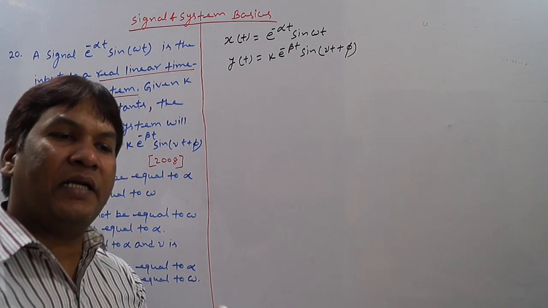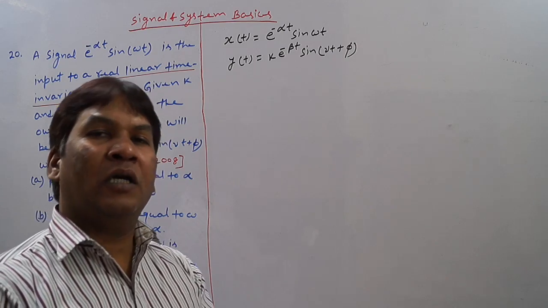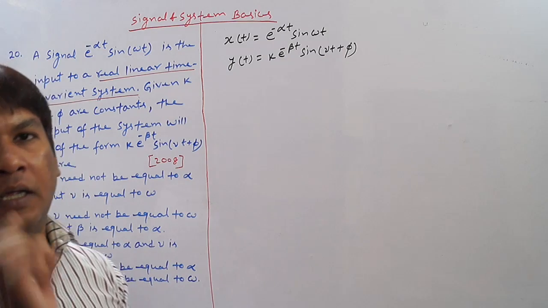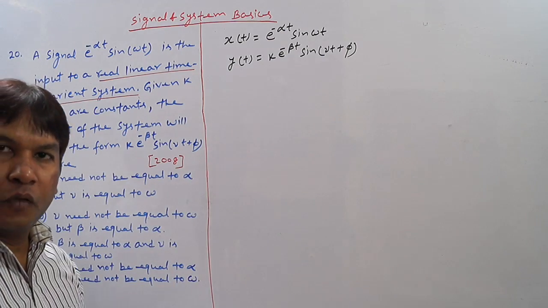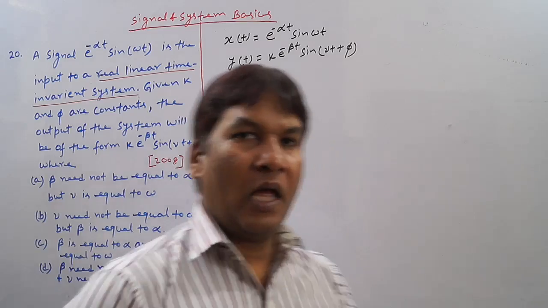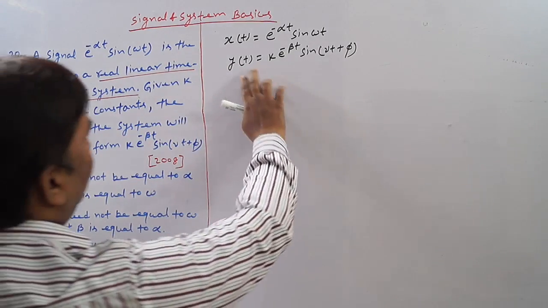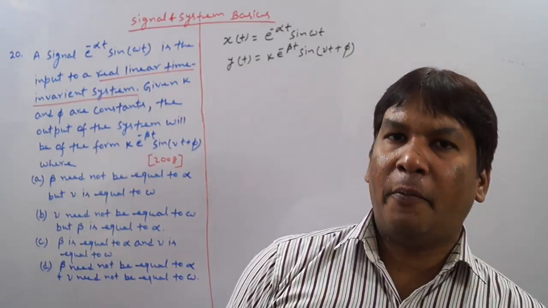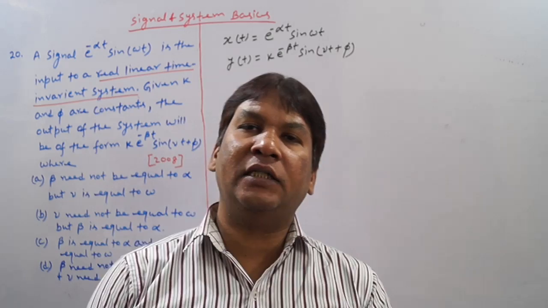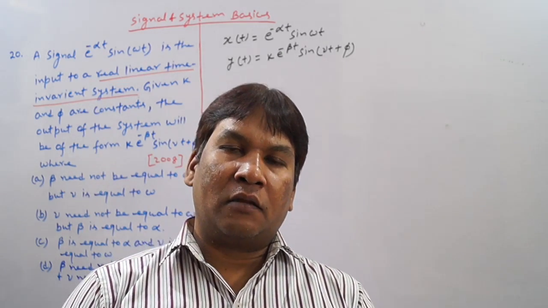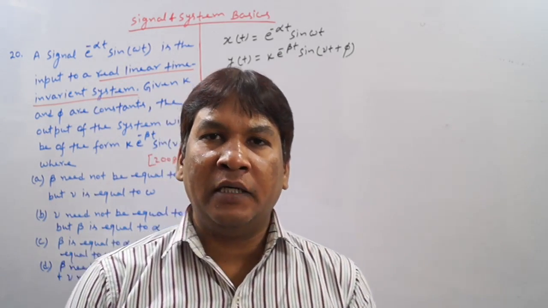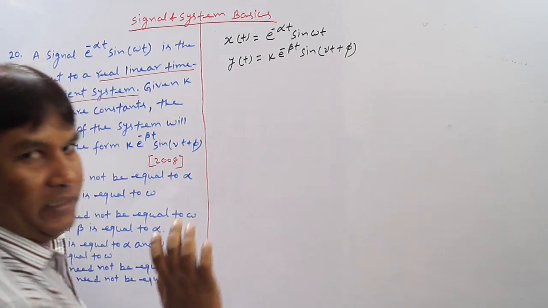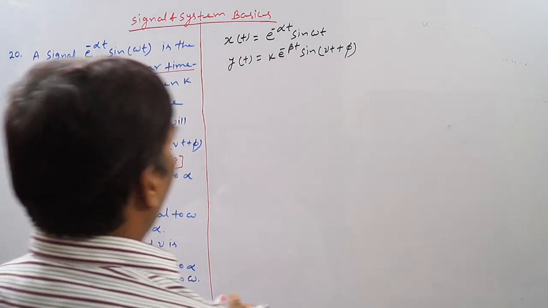Both of them must be equal, and this is only possible if y(t) is a function of x(t), some constant multiplied by x(t), and there should not be any multiplication in t.